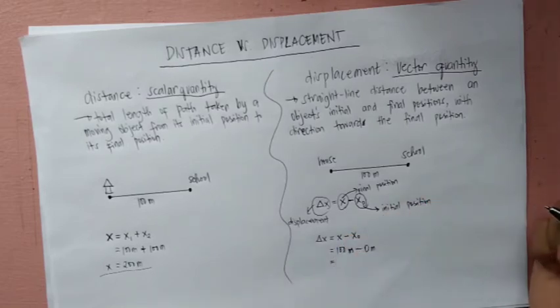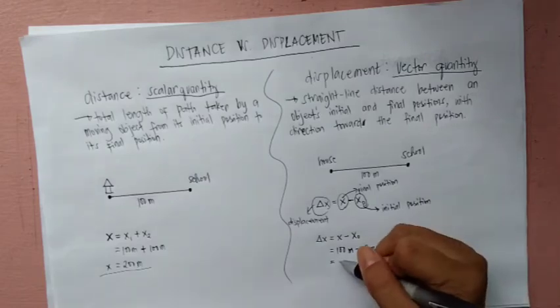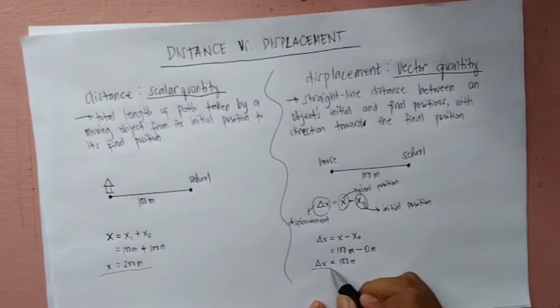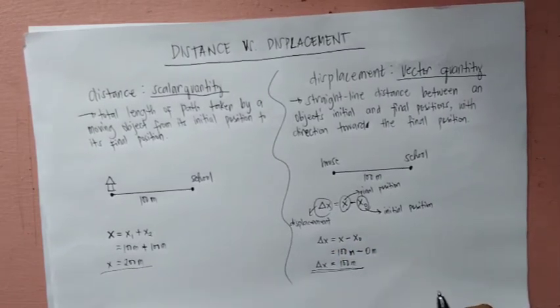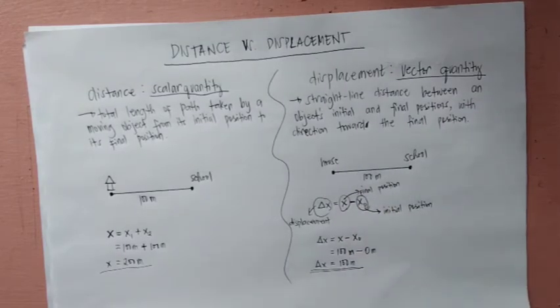So 100 meters minus 0 is equal to 100 meters. This is the displacement of the student when he walks from his house to his school.